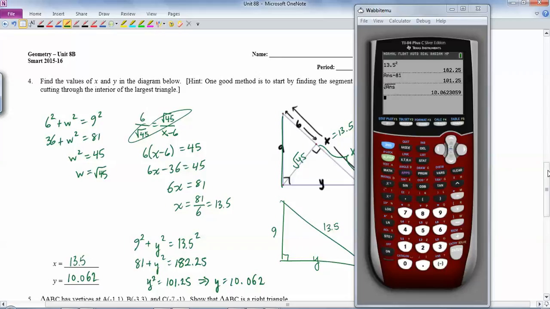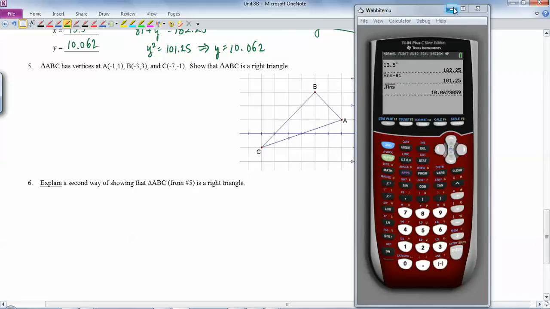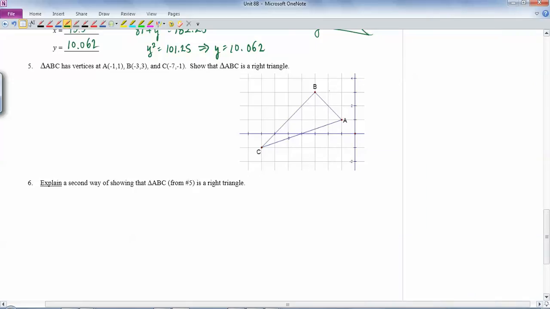Okay, so number 5 says show that this thing's a right triangle. Well, the easiest way to do that is to look at slopes. So if I figure out the slope of BC here, I'm going up 1, 2, 3, 4, and over 1, 2, 3, 4. So it's rise over run, 4 over 4. The slope of BC is 4 over 4, which is 1 over 1. And the slope of BA, 1, 2, 1, 2.